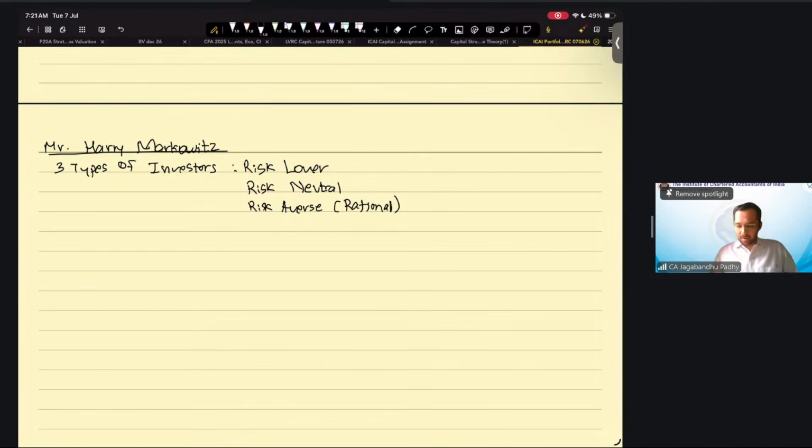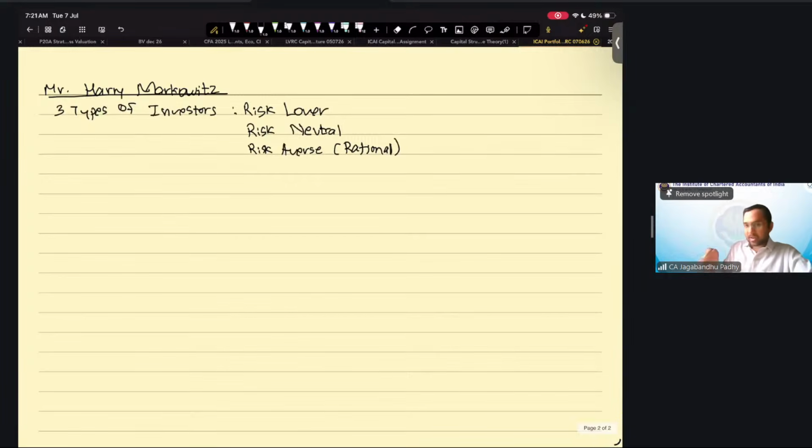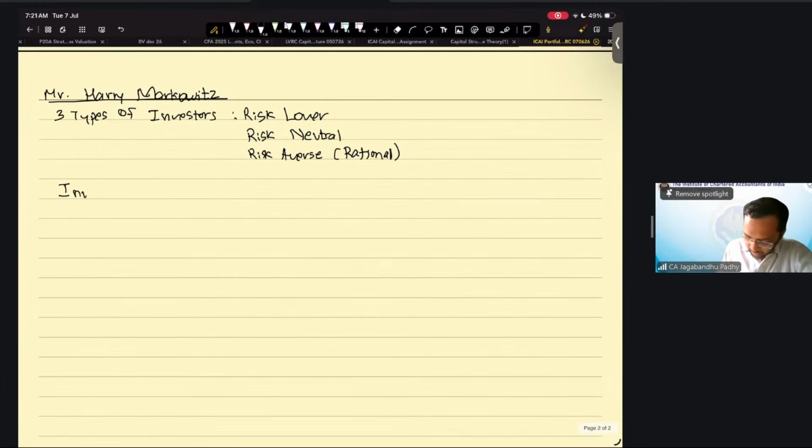Now, Harry Markowitz said that an investor will enter the market in order to attain utility. So he came up with a formula for measuring the investor's utility. He said that the investor gets happiness or utility when he sees the return in the security or when he's expecting certain return in the security. And of course, his utility level or happiness level reduces whenever he perceives any risk.